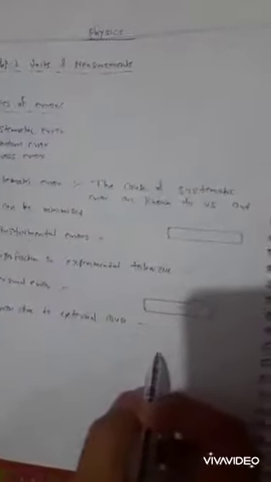Suppose you are playing in the ground and you want to take the reading of how fast you are throwing a ball on the wall. Suppose there is wind blowing at very high intensity, so it will definitely affect your experiment. So this is the error due to external cause.